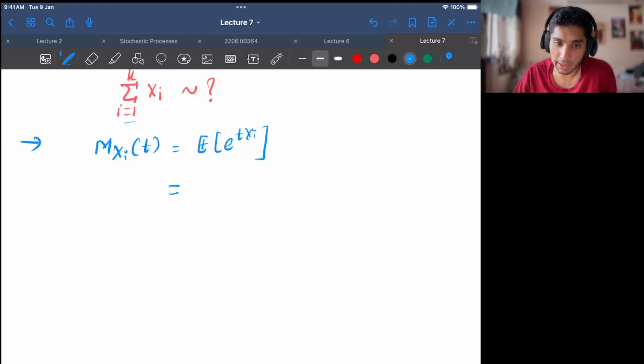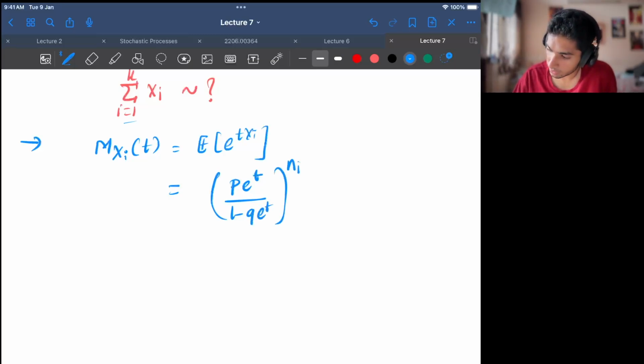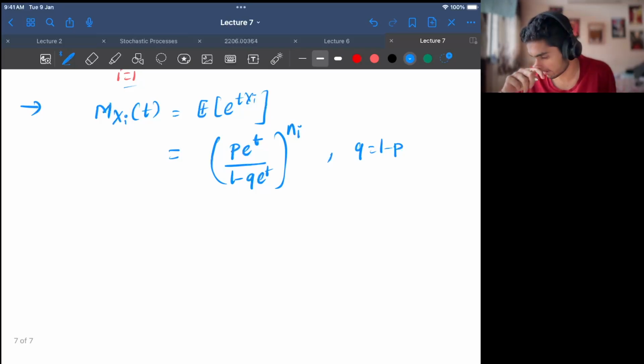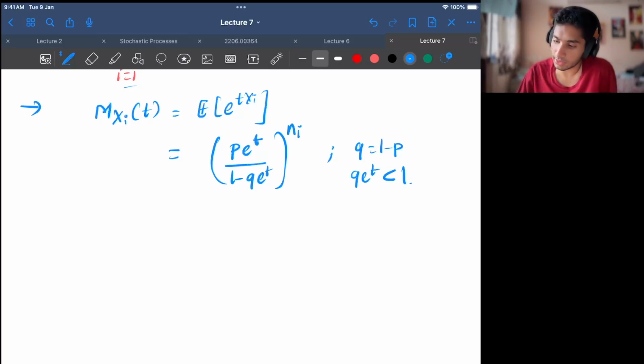And for a binomial random variable, this is equal to (p e raised to t plus q) whole raised to the power ni, where q is equal to 1 minus p. This is the MGF of a binomial random variable.